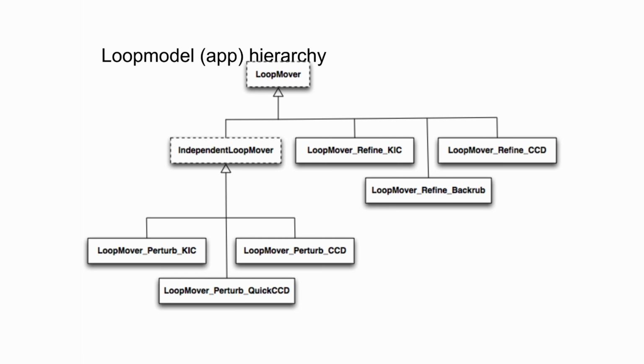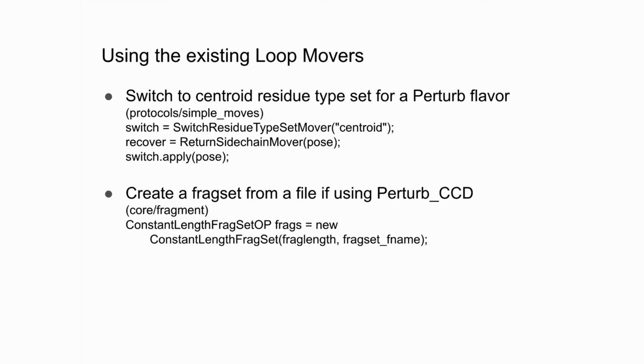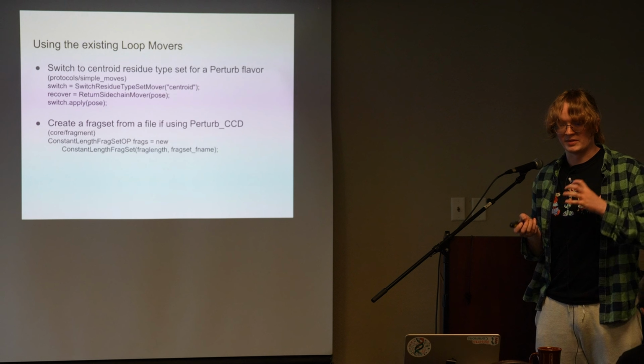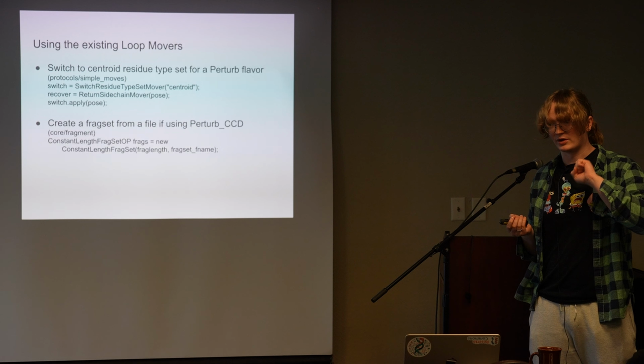Here we're talking about the different loop movers that you have and how they relate to each other. This is similar to the base class, and then you have their derived classes. The two big distinctions I'm going to talk about in a sec are the difference between the refined and the perturbed, because you see two groups here. The big difference is that for perturb, it's using the centroid residue type, and you can imagine because you're using a centroid, it's going to be a bit rougher, right?